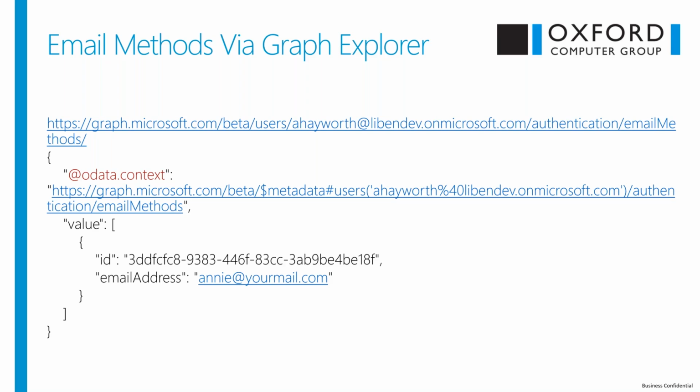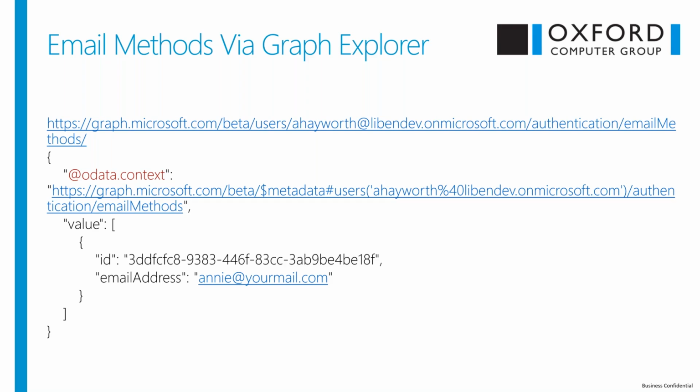Here we could see the email methods. I'm sorry, we had 2 phone methods before, an alternate phone and a mobile phone. So now we have modifying and reading the email methods from Graph Explorer. We'll have the URL at the top with the endpoint. You'll notice that the user's name is part of the URL. So when we call this particular endpoint, the blob that's returned underneath is going to give us the email address.